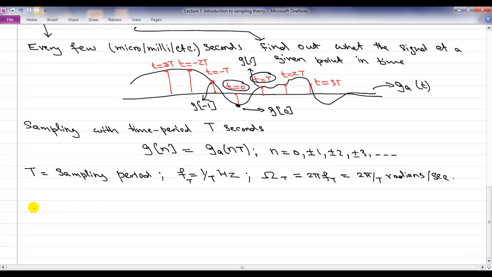So the main aspects of sampling theory are about answering the following questions.